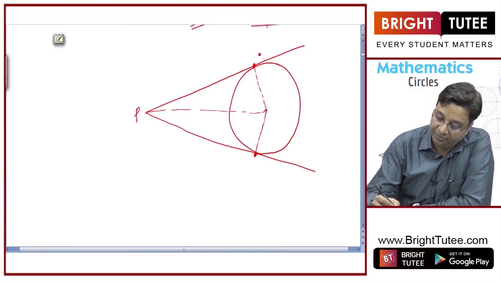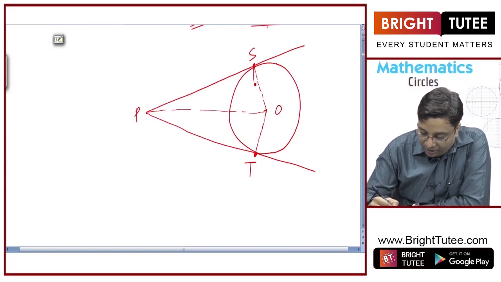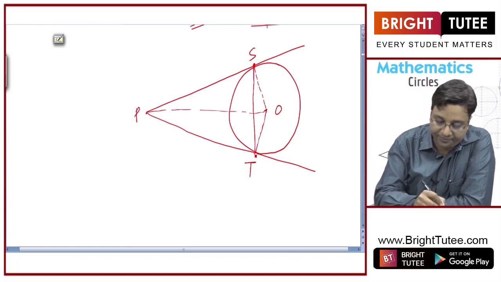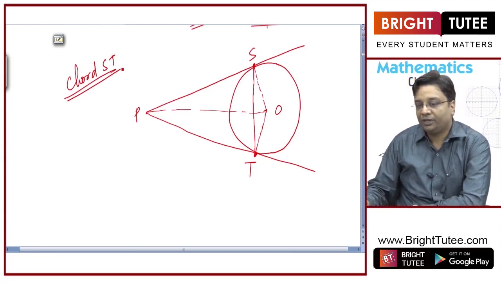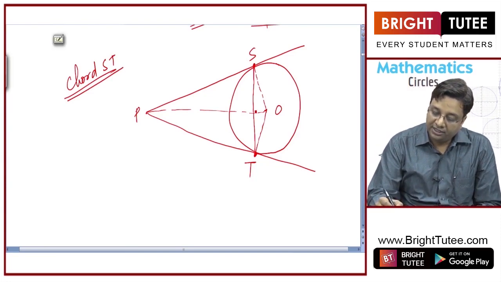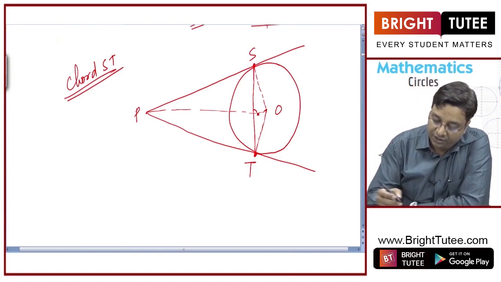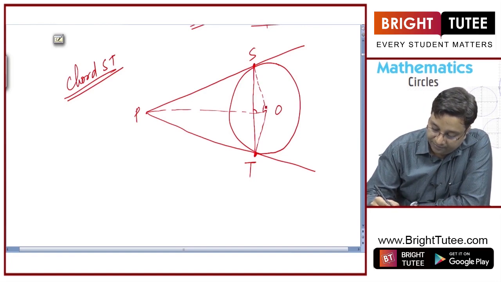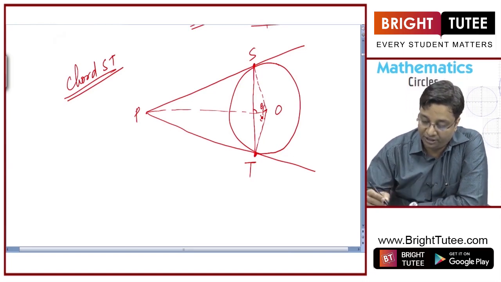Let's name these points as P, S, T, O. If I look at this chord here, chord ST, I want to know what this angle is equal to, this one. We already know that this angle is equal to this angle. So if this is theta, this is also theta. This much we already know.